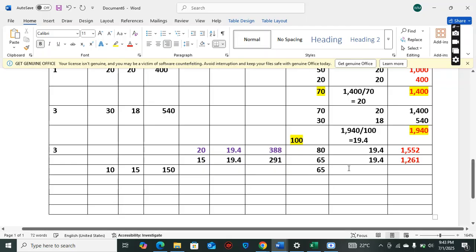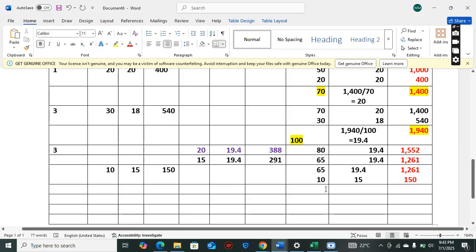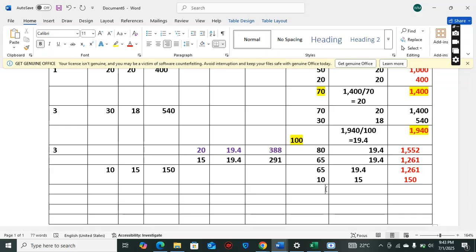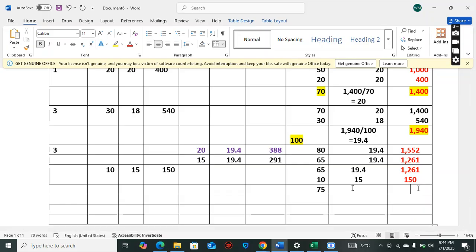So, whenever there's a purchase, we're doing the same process. 65 plus 10, that is 75. 1,261 plus 150, colleagues, 1,261 plus 150. That is 1,411.